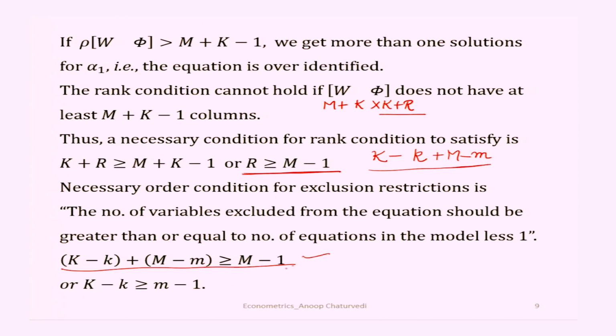So, from here you get this condition. So, this is the order condition for identification, but notice that this is just a necessary condition for rank condition to be satisfied. If this condition is not satisfied, then you do not have to check the rank condition. There is no point in checking the rank condition if order condition is not satisfied.